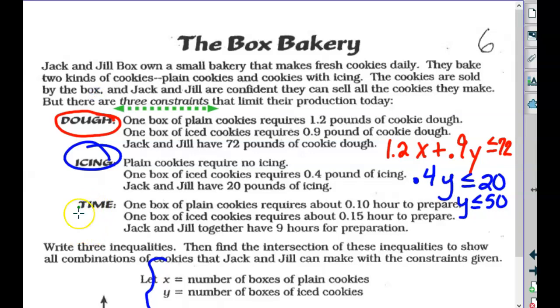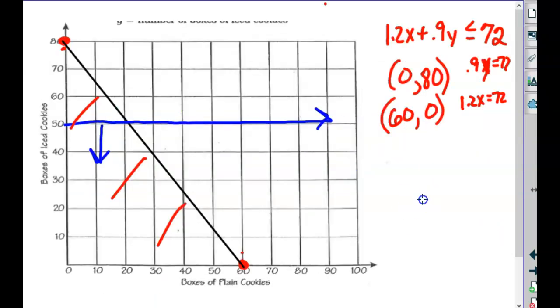Time. Okay, I'm gonna do time in green. 1 box of plain cookies requires 0.1 of an hour, 0.1x, plus 0.15 for the iced, and we have 9 hours. And those are all hours, right? 0.1 hour, 0.15 hour. Okay. 0.1x plus 0.15y less than or equal to 9.